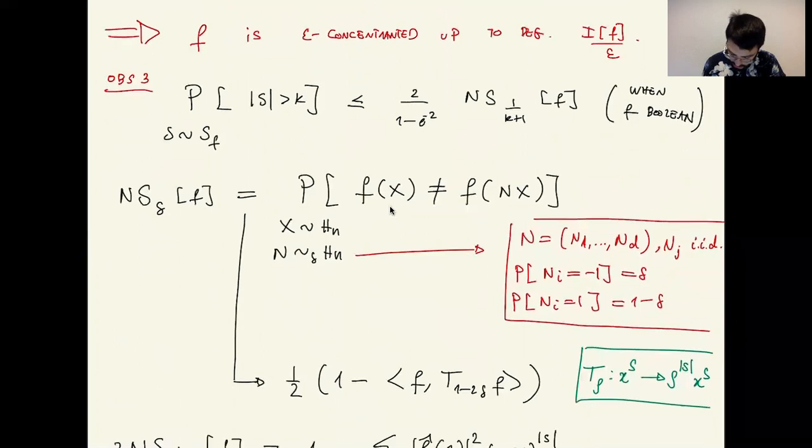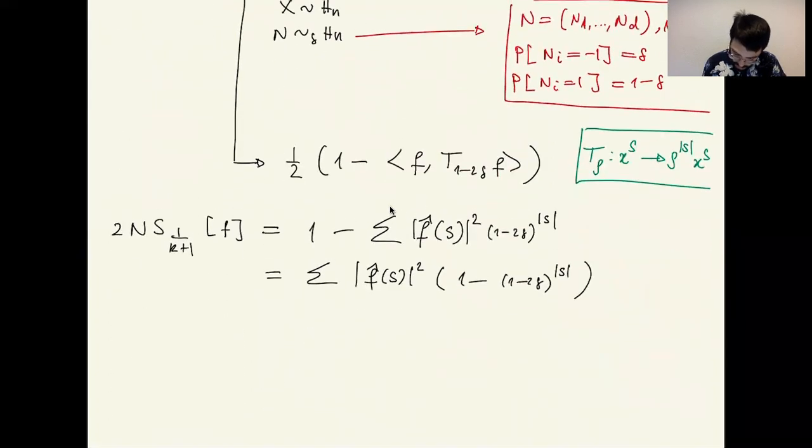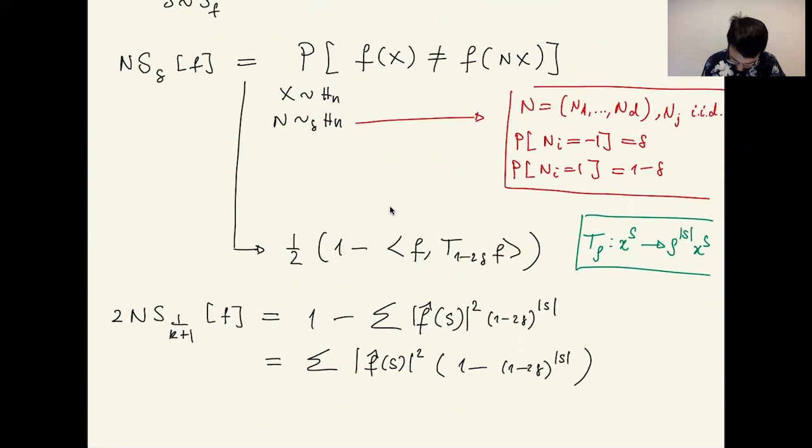So let delta be 1 over k plus 1. So I know that delta, for instance, is between 0 and a half, with k greater than or equal to 1.